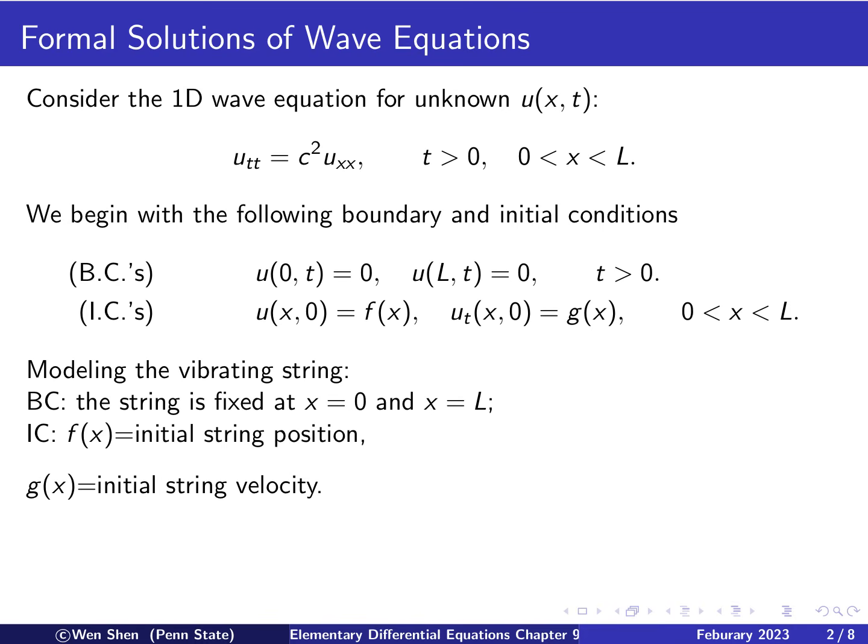Lastly, the condition u_t equal to g of x, the meaning of g of x will be the rate of the position moving in time. So that will give you the velocity, and we can also briefly draw. Let's say that's the equilibrium position, and then initially your string has this shape. And then what is the meaning of the g here?